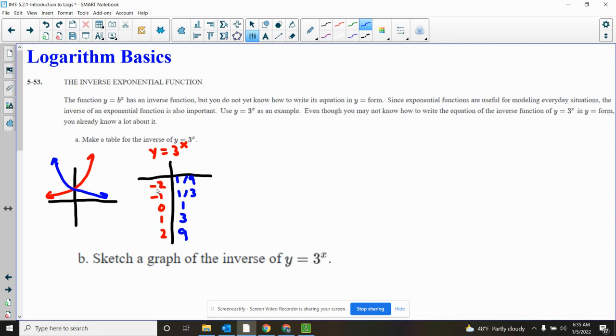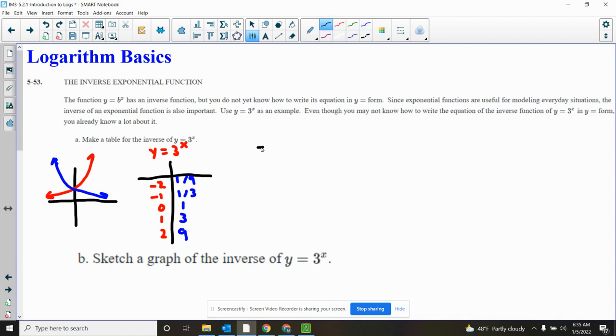Notice that even though the exponent is negative, the result is still positive. All the results are going to be positive. 3 to any power, whether it's negative or positive, is going to give us a positive result in the end. So this is the original function, y equals 3 to the x.